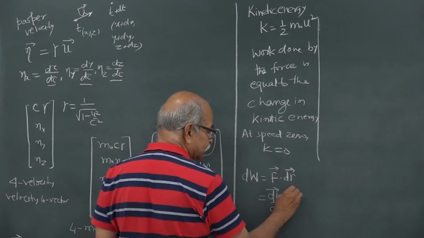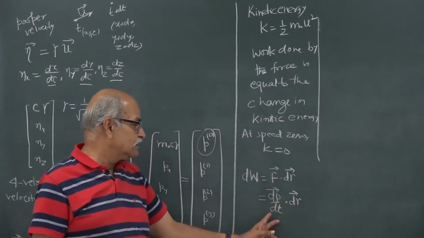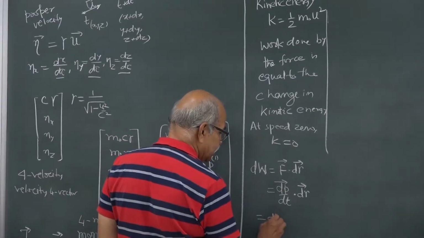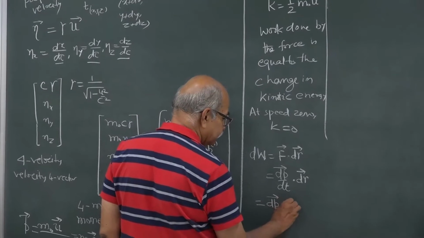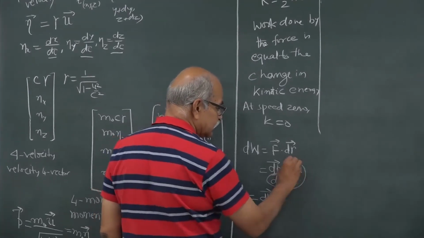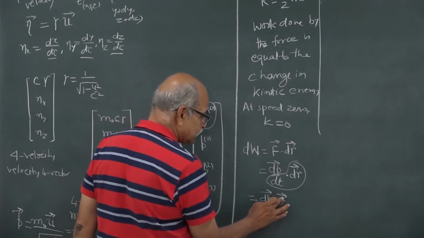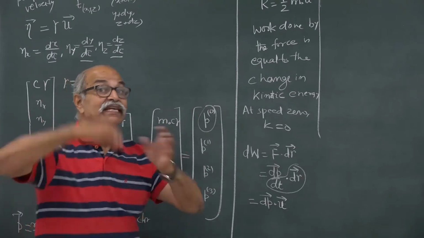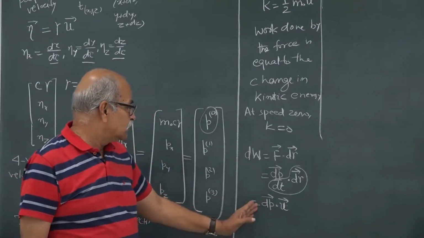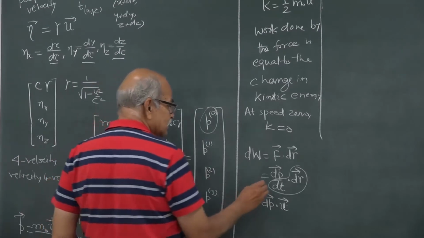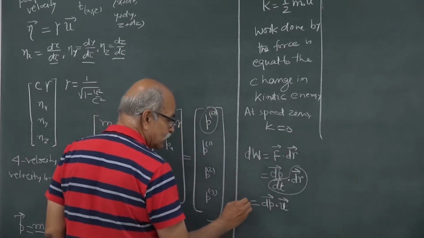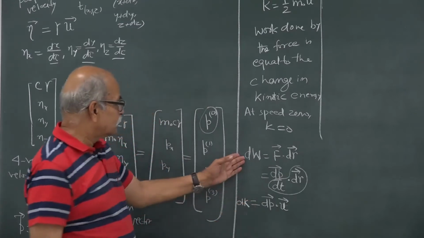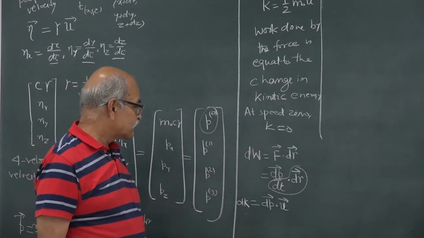This dr and this dt you can combine together and write this as dp dot v, right. This dr/dt is the velocity, let me write it u, particle velocity. V I am reserving for the frame velocity when we change frames. So, this is the work done, and this is the change in kinetic energy. So, you can write this as dK. Work done by the force is equal to the change in kinetic energy.